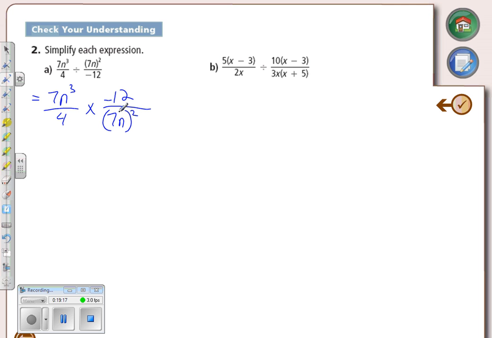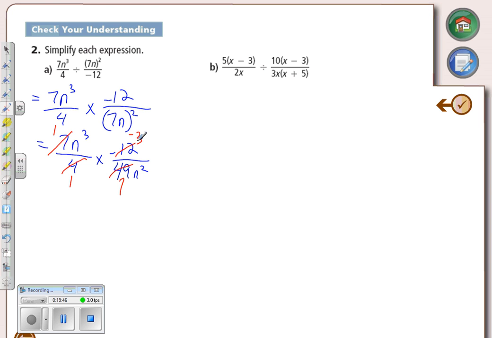I actually have to apply that squared to both of them first before I do anything. That's 49n squared. Now I can start looking at canceling off. We've got 7 in the numerator, we've got 49 there. Hiya, 1, 7. I've got a 4 and I've got a negative 12. Hiya, 1. Hiya, negative 3.